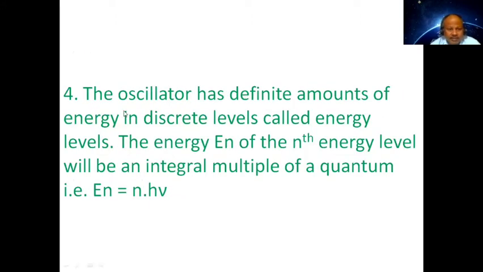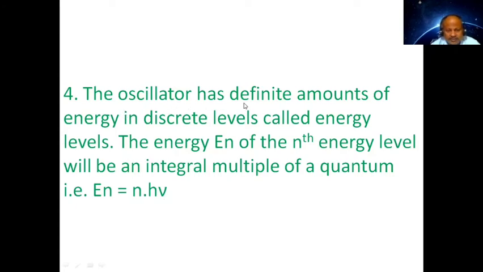And lastly, the oscillator has definite amount of energy in discrete levels called energy levels. The energy En of the nth energy level will be an integer multiple of a quantum, that is En is equal to n into h mu.